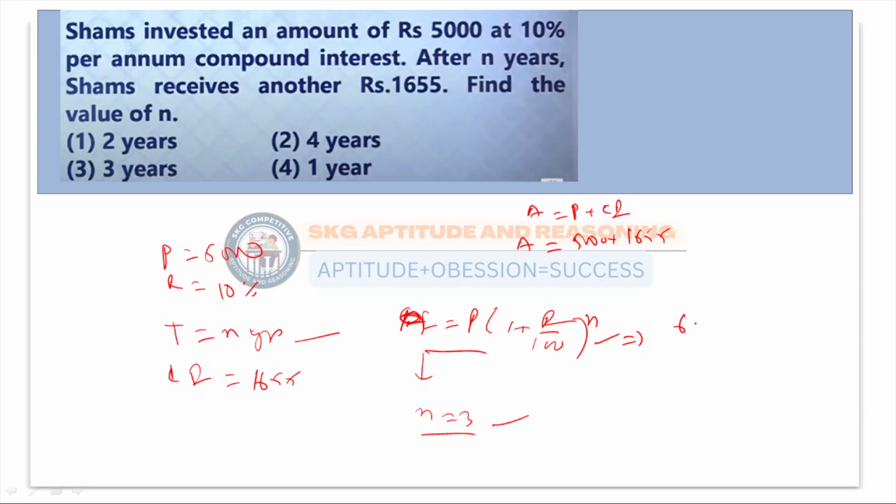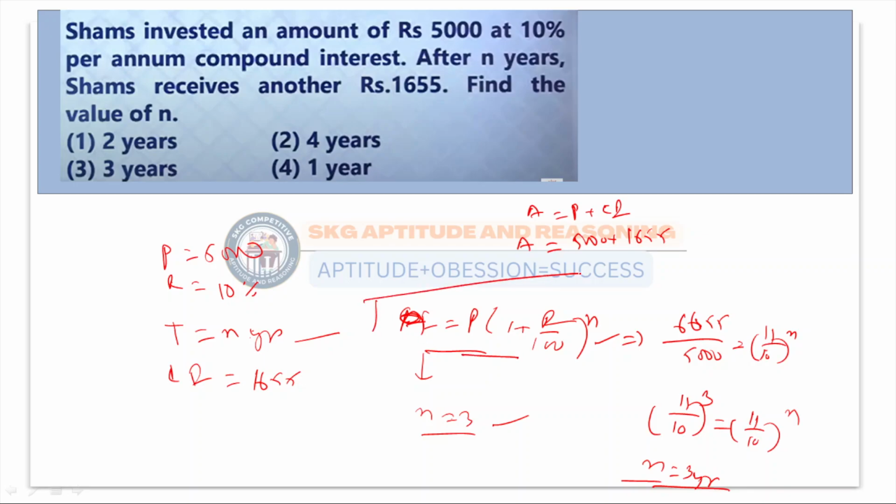Calculation: double 5 divided by 5,000, that will be 11 by 10 for n. Calculation like 11 by 10. This is the normal formula approach. Remember A is equal to P times 1 plus 500.